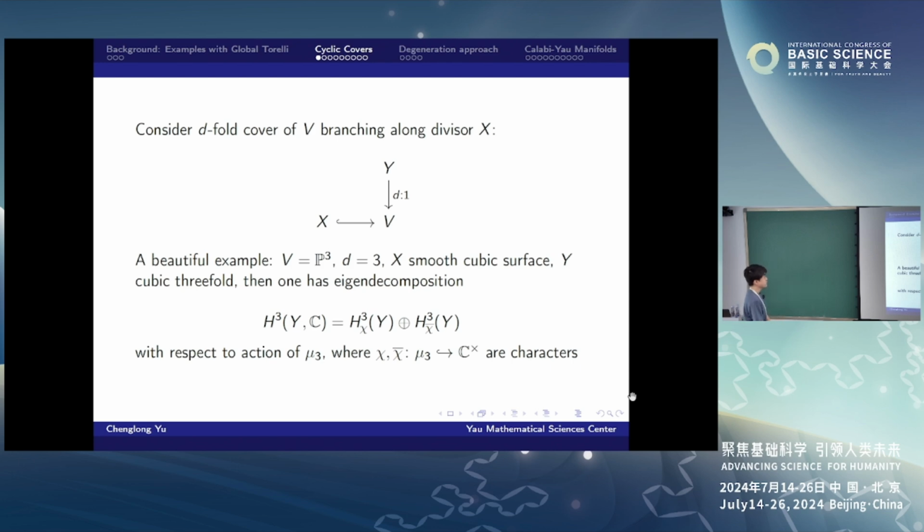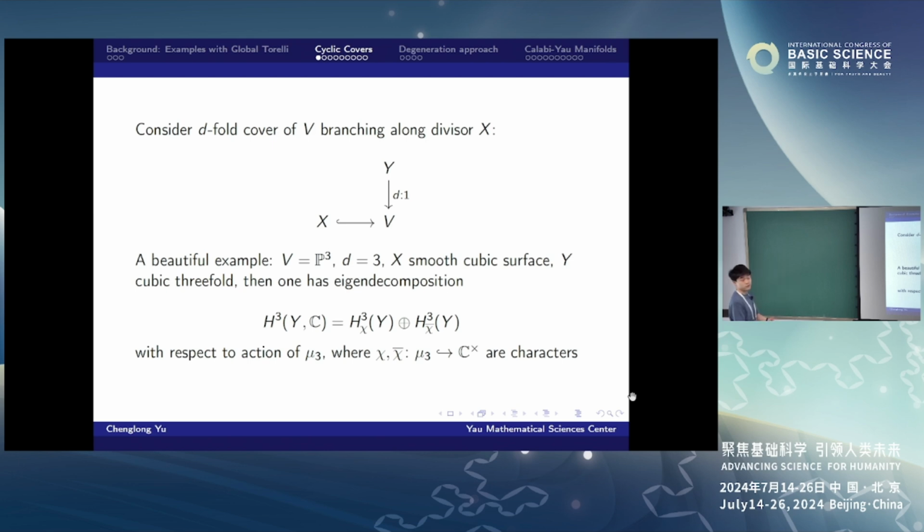A very beautiful, well-studied example is taking V to be P3, and taking degree 3 hypersurfaces, which are cubic surfaces. So X is a cubic surface, and Y is a cubic threefold. If you take the 3 to 1 covering over this, you will have some very special cubic threefolds.